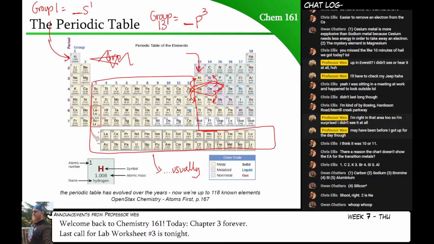So, for instance, anything in group 5 should end in d3, and as long as we don't land on an exception, it will. Everything in the main group elements, groups 1, 2, and then 13 through 18, does follow this pretty well.